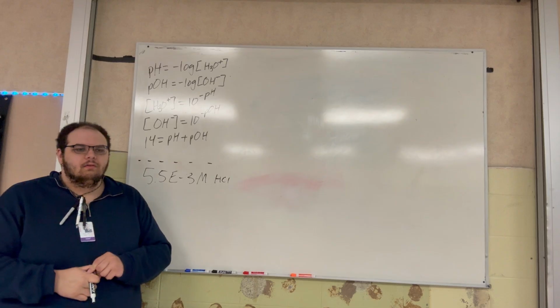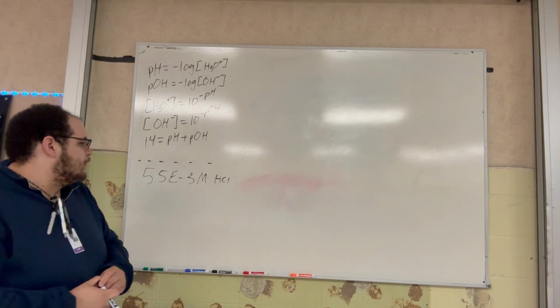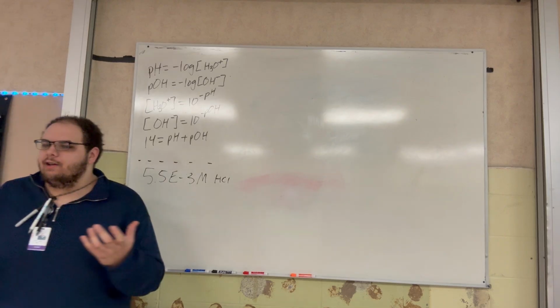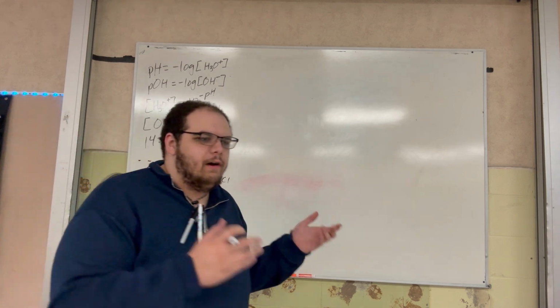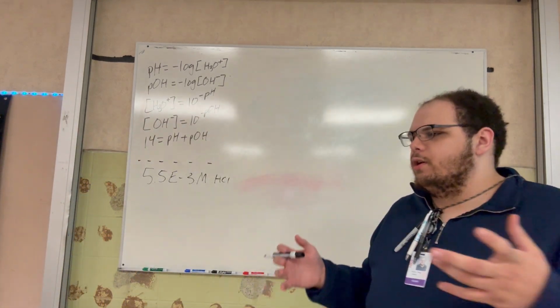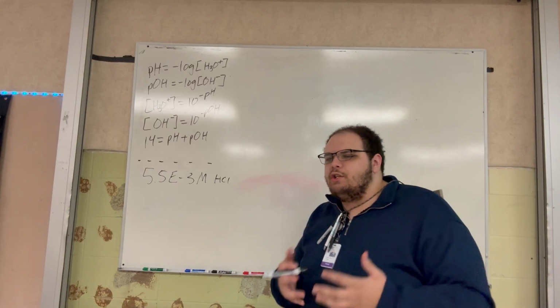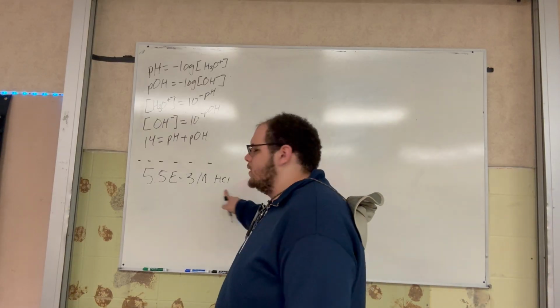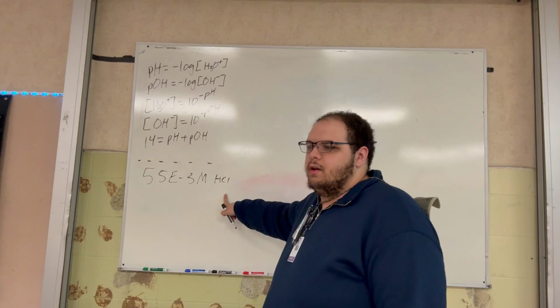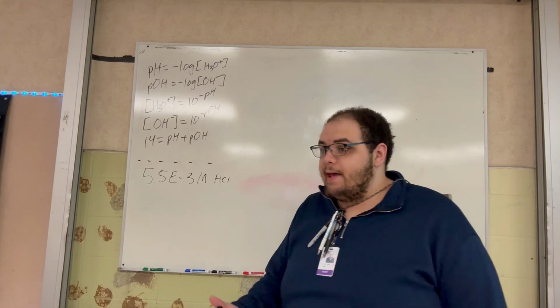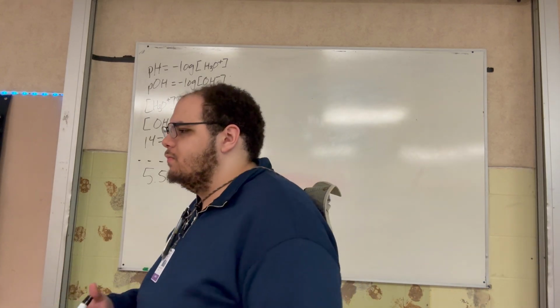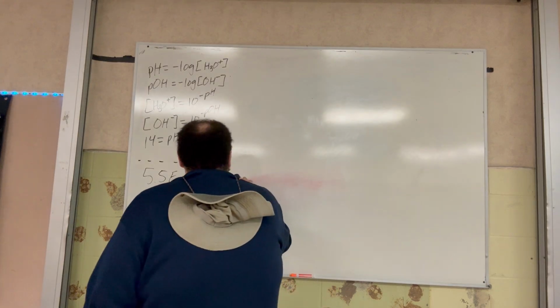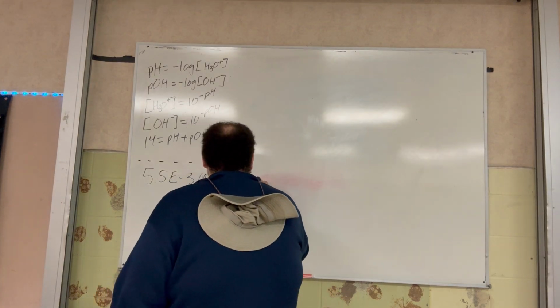It's an acid. When we're looking for concentrations with pH calculations, we need either the concentration of hydronium or the concentration of hydroxide. You can determine which one it is based off of the compound. In this case, it's hydrochloric acid. Acids always mean the concentration of hydronium.